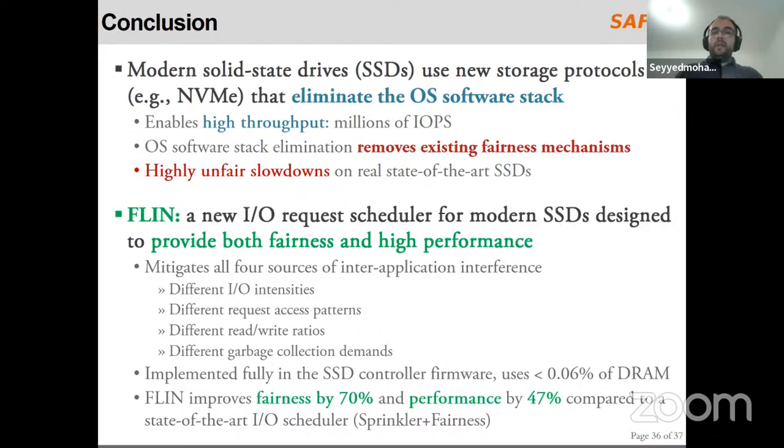And we show that our technique can be implemented fully in the SSD controller firmware, using 0.06% of DRAM space to store those queues. FLIN improves fairness by 70% and performance by 47% compared to the state-of-the-art I/O scheduler, Sprinkler plus fairness.